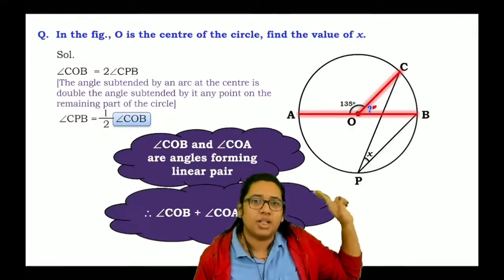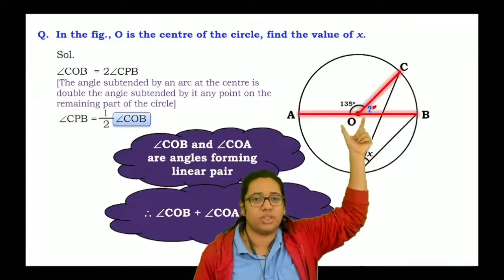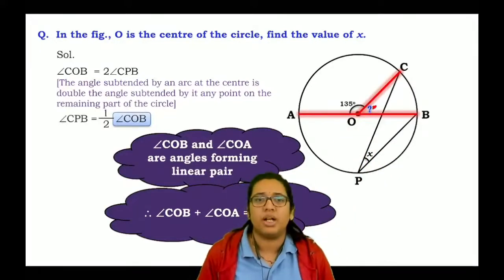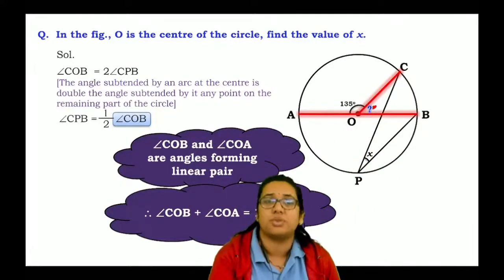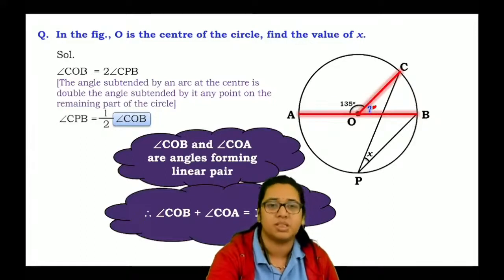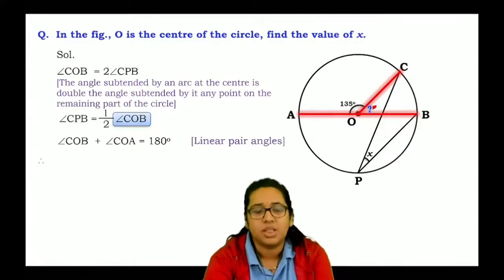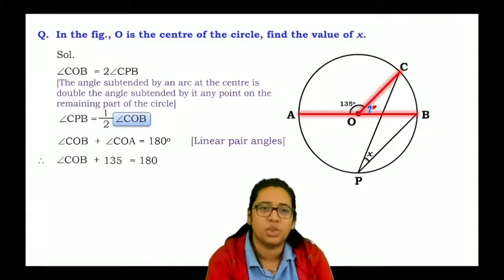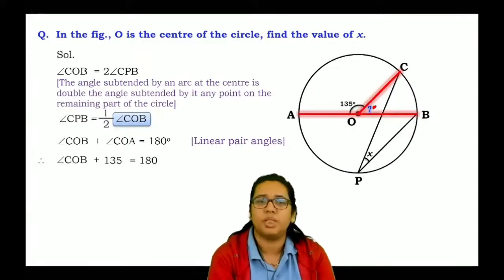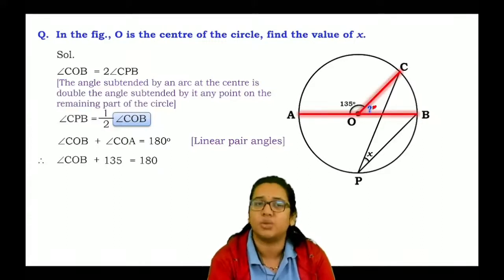Neighboring angle क्यों मिलेंगे आपको? Because if these two angles form a linear pair, it means that the sum of these two angles will be 180. So COB plus COA is equal to 180.